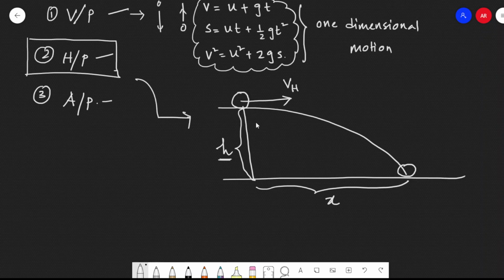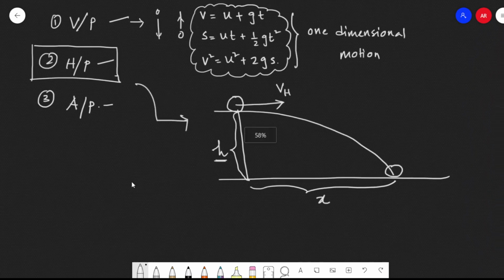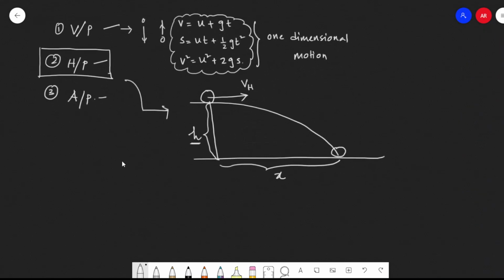And one more thing: we are representing the equations of motion here saying the object has a constant acceleration. If the object is falling down, it is constantly accelerating downward. If the object is going up, it is constantly decelerating. So it is under a constant acceleration or deceleration effect.